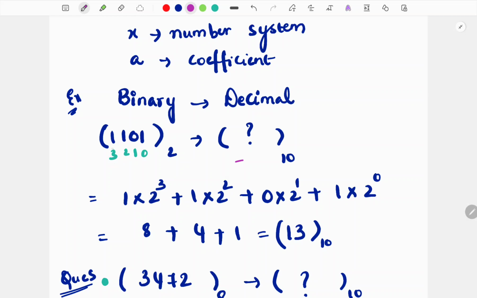What we are doing is multiplying the coefficient with the base and its power, like the place. For example, 1 into 2 power 3 plus 1 into 2 power 2 plus 0 into 2 power 1 plus 1 into 2 power 0.